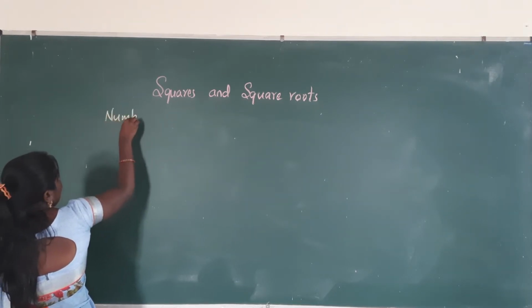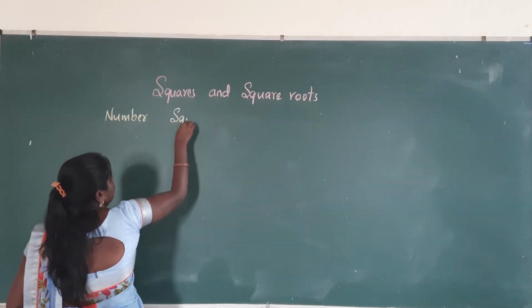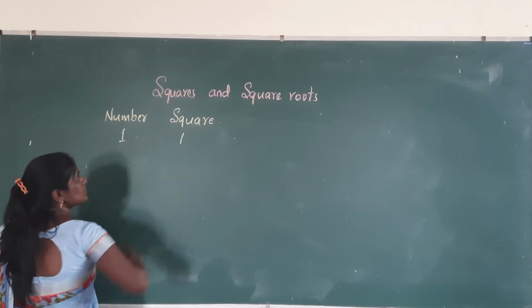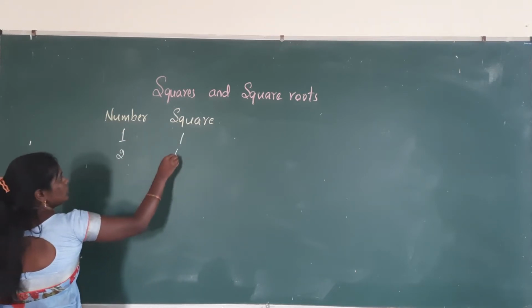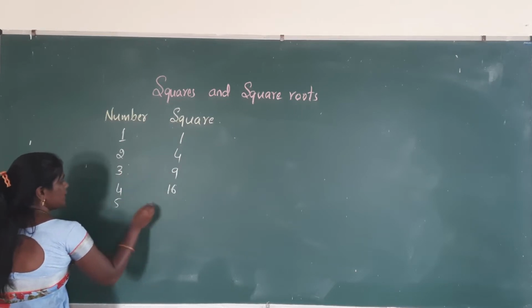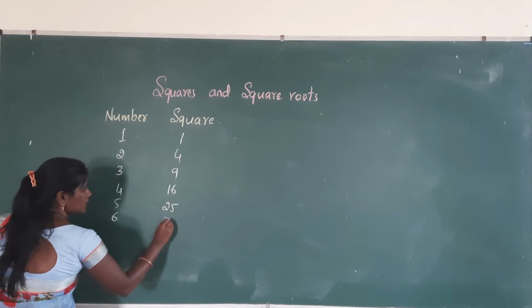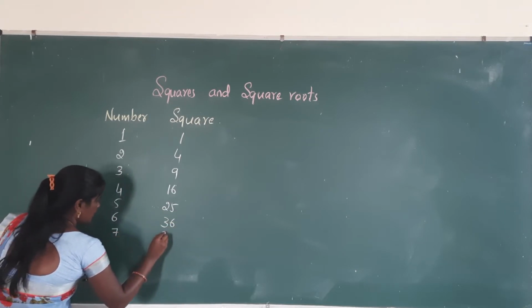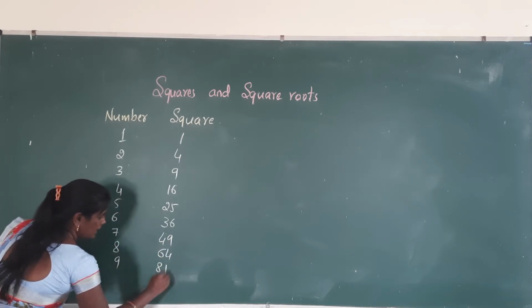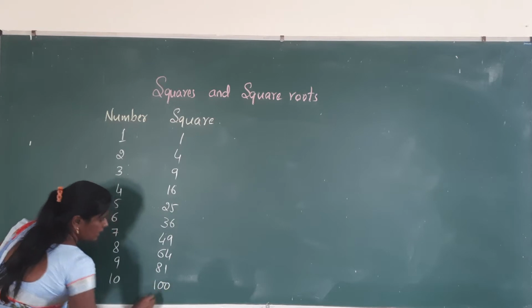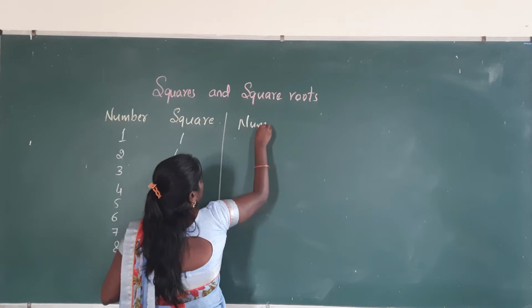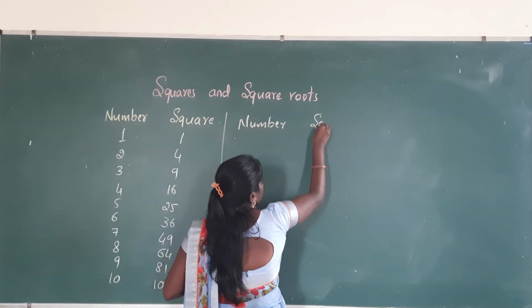Number, then its square. 1 square is 1, 2 is 4, 3 is 9, 4 is 16, 5 is 25, 6 is 36, 7 is 49, 8 is 64, 9 is 81, 10 is 100.